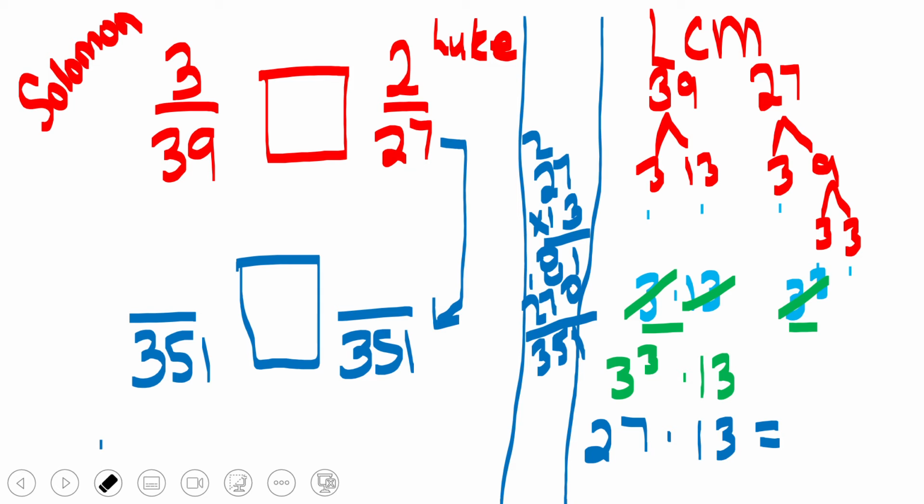That means 39 times 9 creates 351 in value. If we multiply the denominator by 9, excuse me, then we need to multiply the numerator by 9, and that's 3 times 9 is 27.